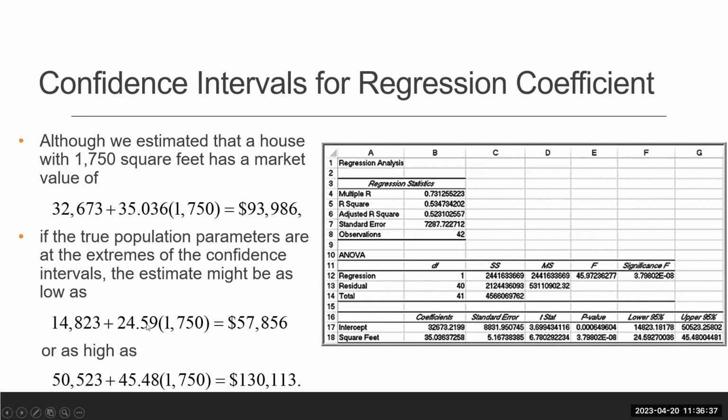The gradient could be as low as 24.59. The coefficient here is 35, but it could be as low as 24 and as high as 45. So by putting those two coefficients in, the lower bound and the upper bound, this will give you a better understanding of the range down here.